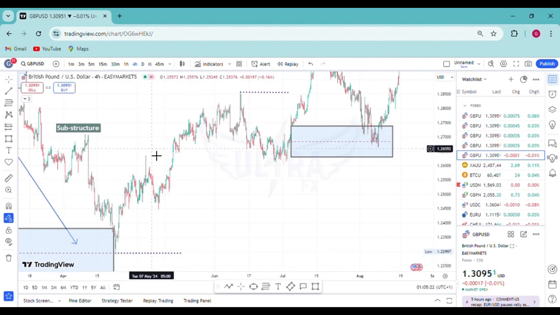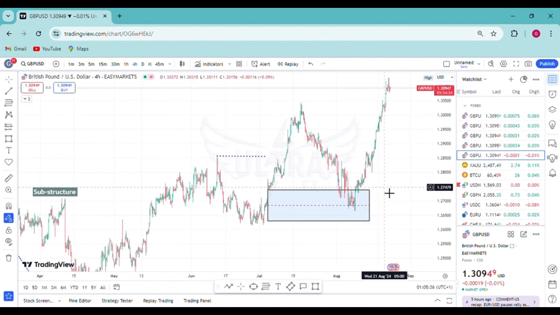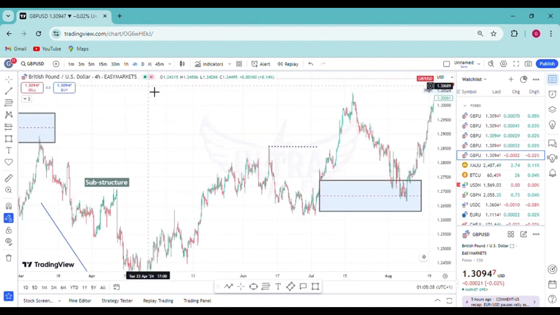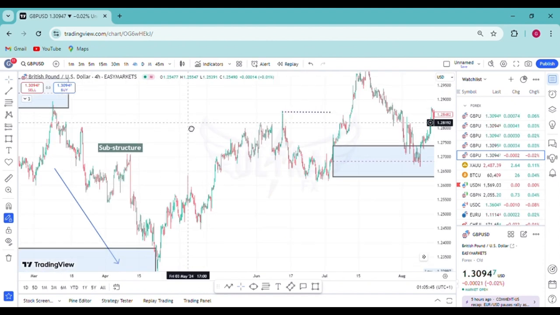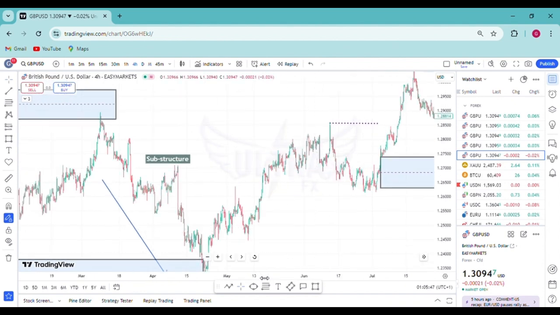You can classify this as your higher low, your higher high. This is your higher high, this is your higher low. Now because we are on a 4-hour time frame, we want to go down to our lower time frame to search for buy opportunities, since we are on a bullish trend.